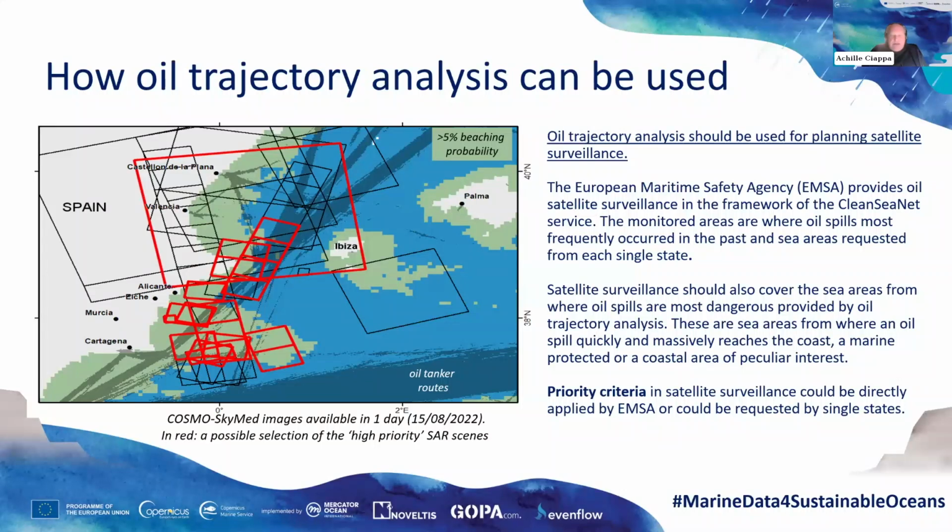So we have a lot of satellite images, and this number will be growing because many private operators are entering the satellite market, which also provide images acquired by small satellite SAR sensors. So we have the necessity to introduce priority criteria in satellite surveillance.